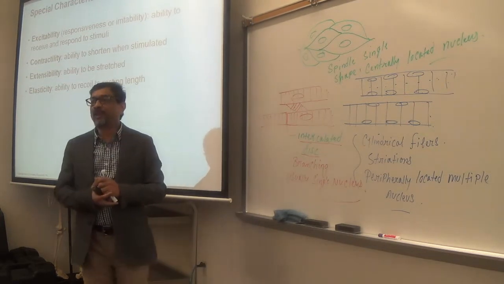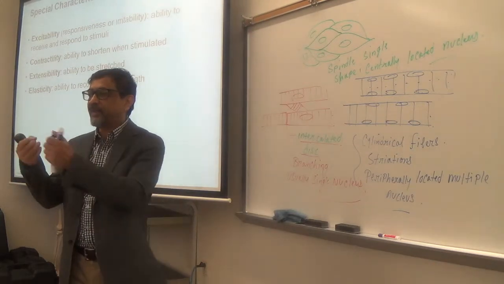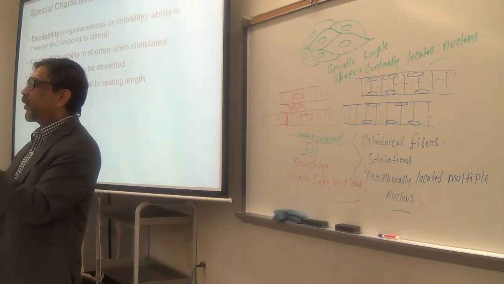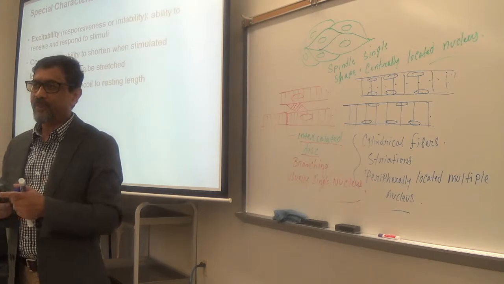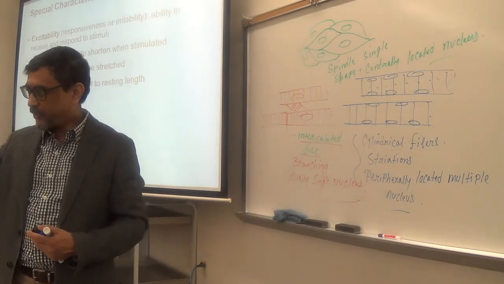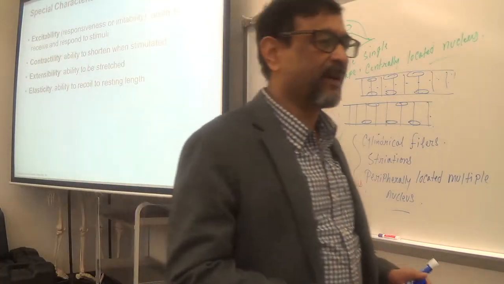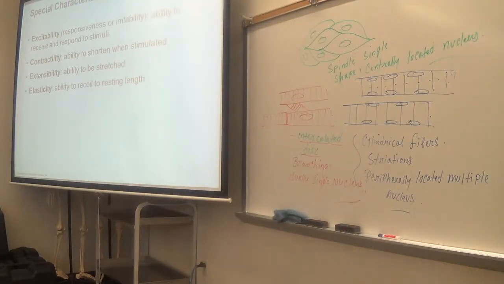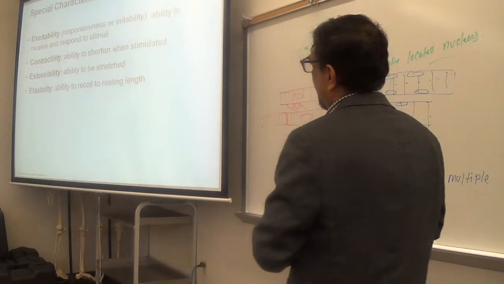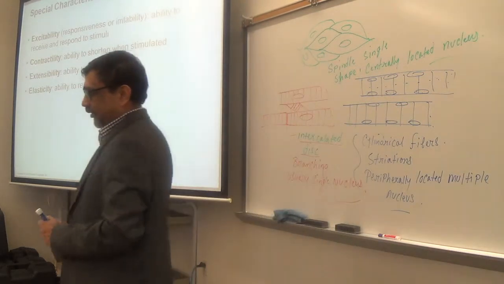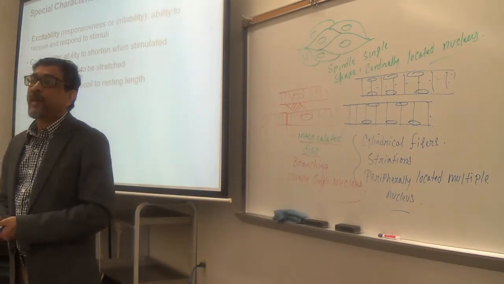Extensibility. The muscle can also relax and get elongated. When the muscle contracts, it gets shorter. When relaxed, it gets expanded. Elasticity. The ability to recoil.